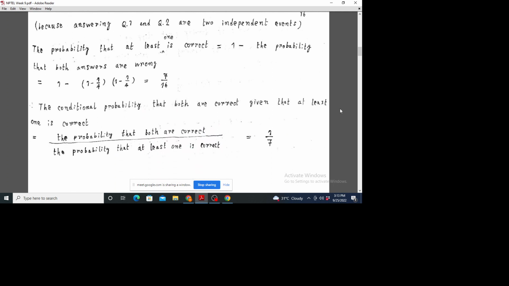And now the probability that at least one answer is correct. This is actually complementary to the scenario that both answers are wrong.